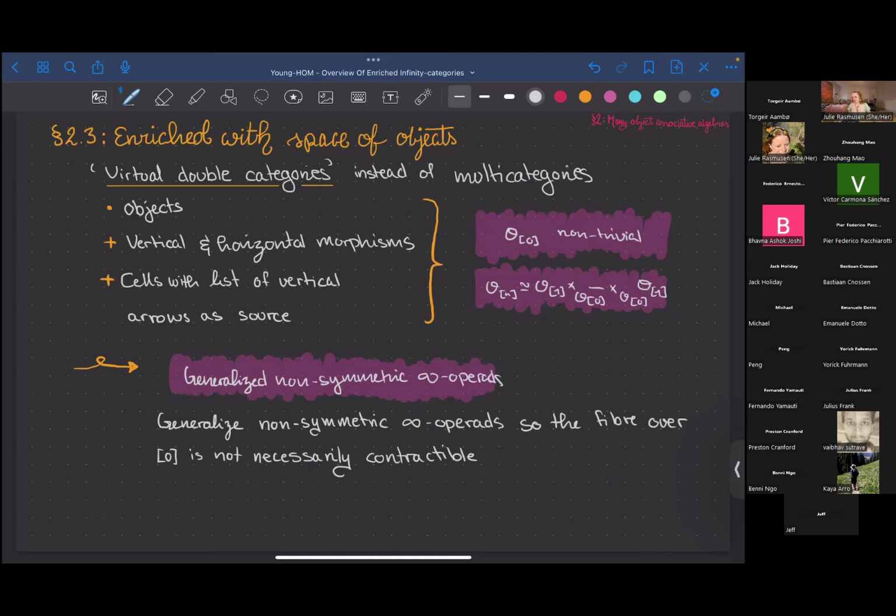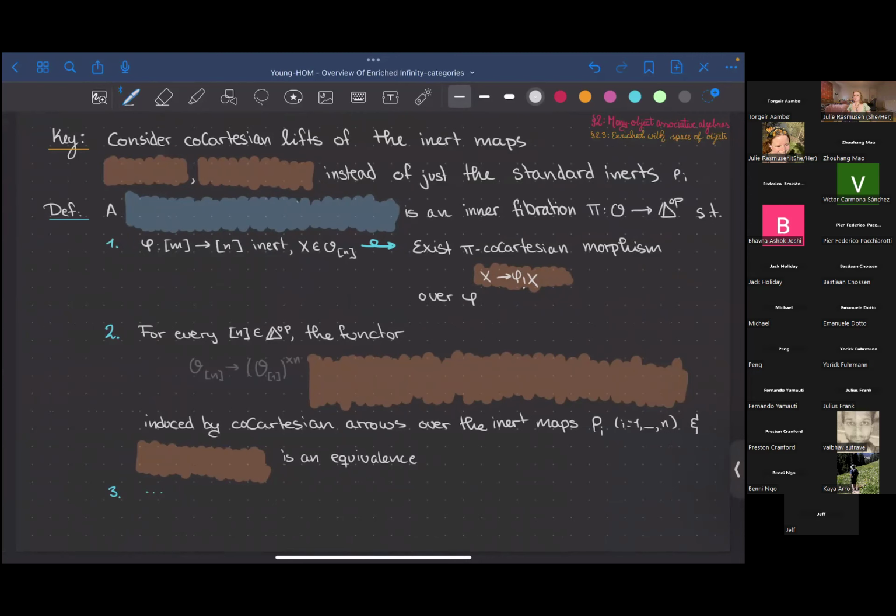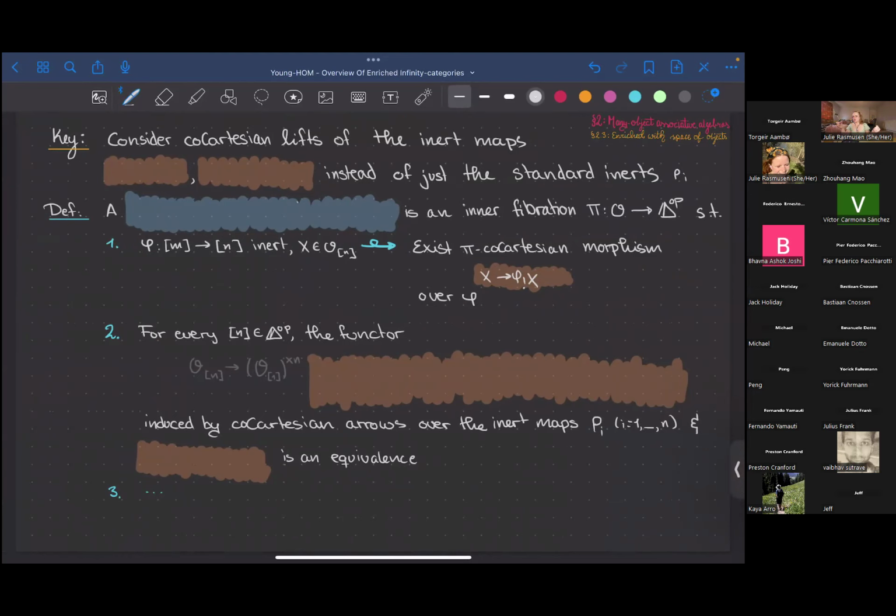And the idea is simply to generalize the non-symmetric infinity operads so the fiber over 0 is not necessarily contractible. And the key thing to doing this is that as part of our definition for the non-symmetric infinity operads, we had these lifts that we considered that were induced over the standard inert maps.